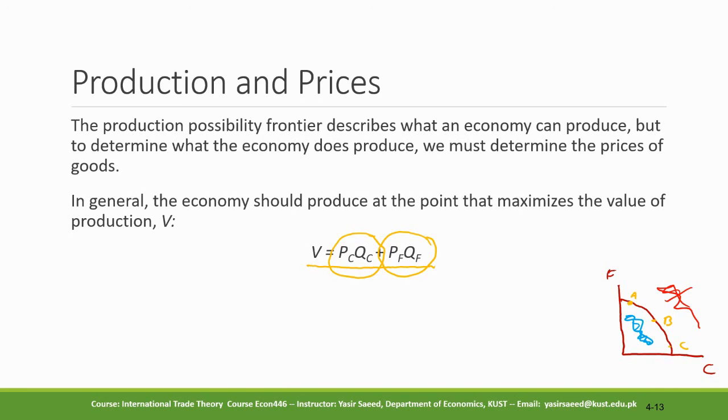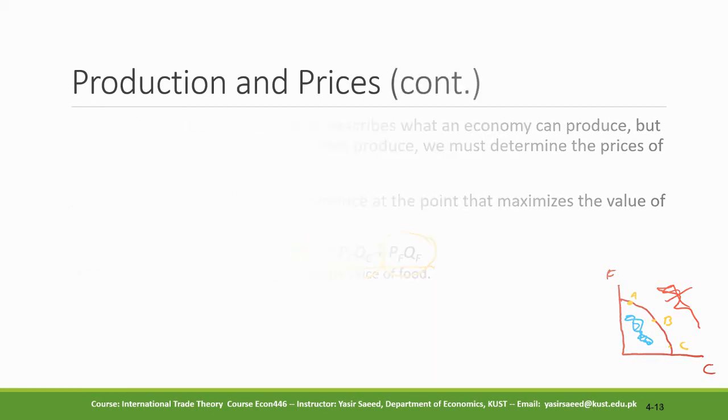Combining these two gives us the overall value of our production. So basically it depends on the values of PC and PF. PC represents the price of cloth, PF represents the price of food.